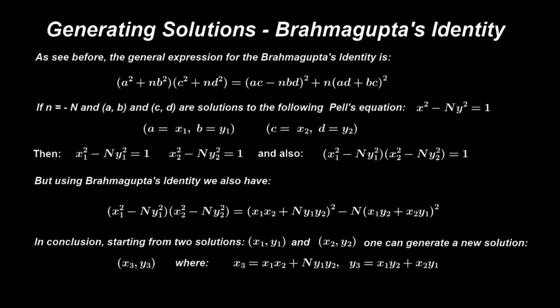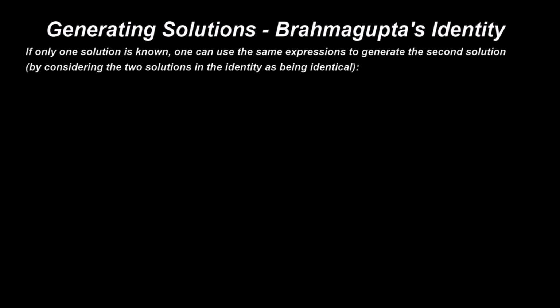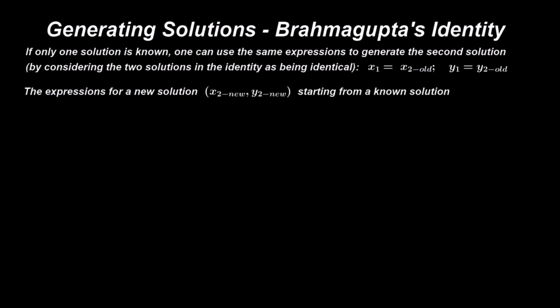Using this identity, one can show that if two solutions verifying a given Pell's equation are known, then a third solution can easily be constructed. Furthermore, this result can be applied when the two initial solutions are identical. In this case the second solution, and all the subsequent solutions, can be generated from one solution only, the fundamental solution.